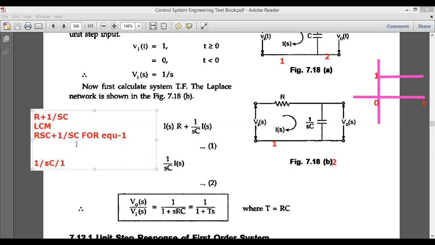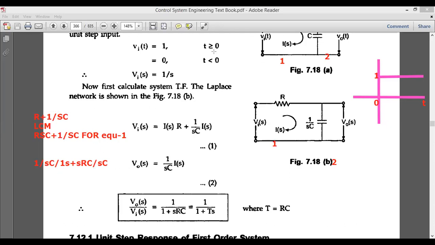This equation, so it is 1 plus S multiplied by RC, divided by SC.